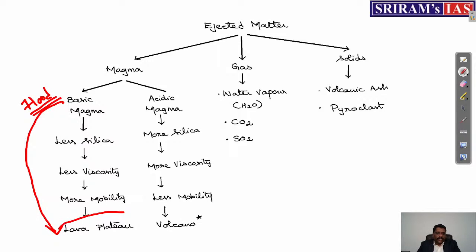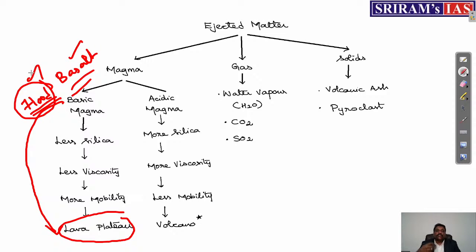That's the reason lava plateaus are sometimes called flood basalt. Why basalt? Any igneous, volcanic feature like this, you call basalt. Why flood? Because it is made out of fluidic magma, out of basic magma. Now, acidic magma, my dear friends: the silica content will be more, viscosity will be more, and as a result mobility will be less.